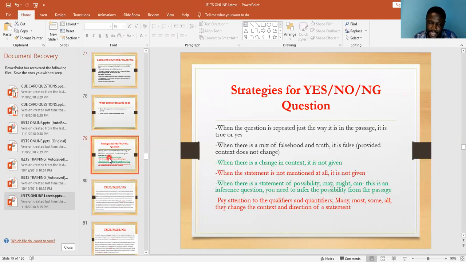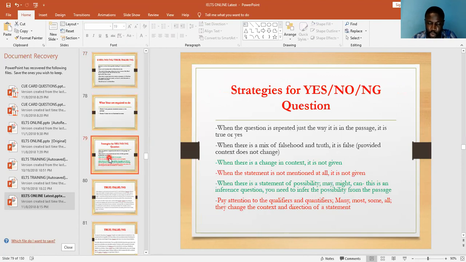What do I mean by change in context? The cat went to swim. Then the passage is telling you that the cat and dog went to have their bath, or the cat went to have its bath. It's a not given situation because the context has totally changed.